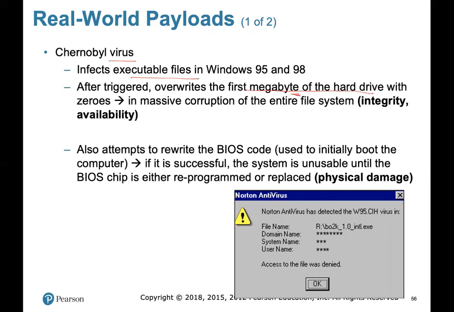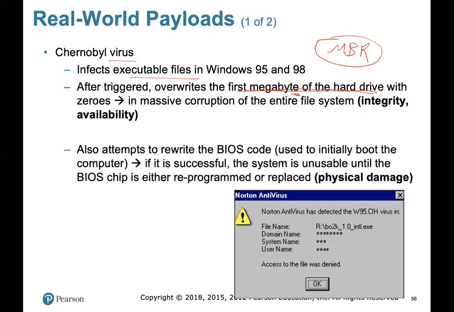This is very important. You remember we talked about the master boot record. The first 1 megabyte of your hard drive contains your master boot record, and it's a very important portion of your hard drive. Once it is overwritten, there is no way for that computer to be booted again.